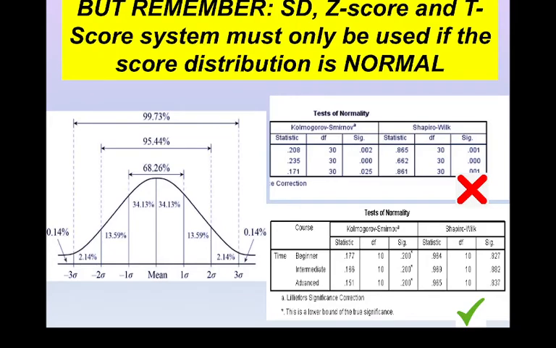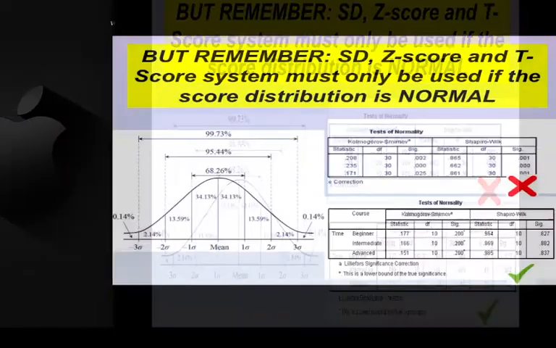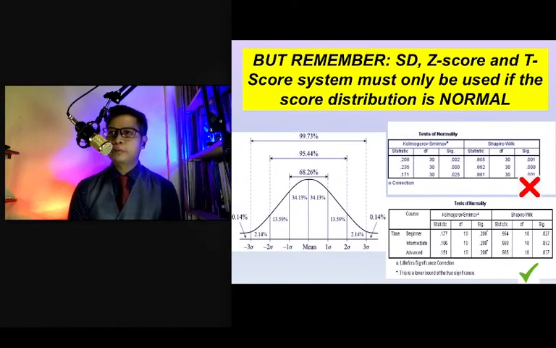Okay? But again, remember, ito mahalaga to, no? Lalong-lalo na kapag nagde-develop kayo ng test at ginagawa nyo na yung norm, the standard deviation system, the Z-score system, or the T-score system must only be used if the scores distribution is normal. Ibig sabihin, dapat kapag nag-pilot testing ka, kinuha mo yung mga raw score, ginawa mo siyang curve, the shape of the curve must be normal para magamit mo yung standard deviation, Z-score, and T-score.